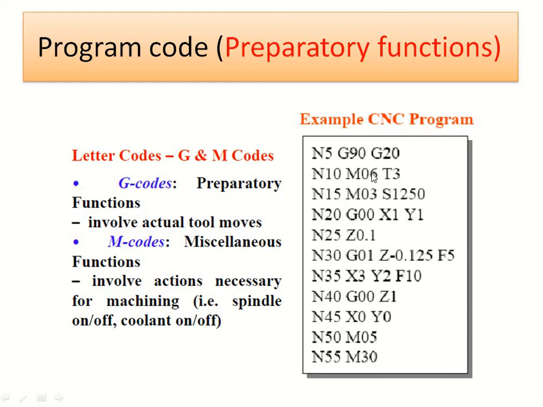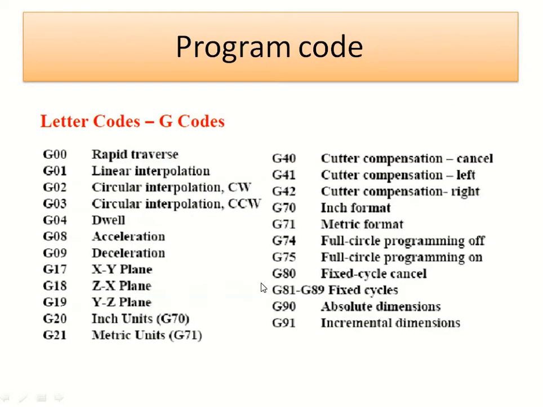G codes are preparatory tool motions, and M06 and M03 are related to the other miscellaneous functions.